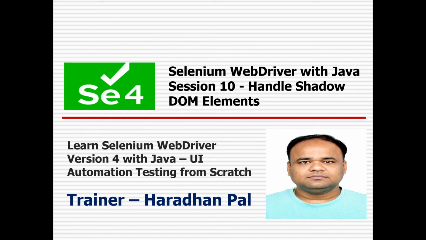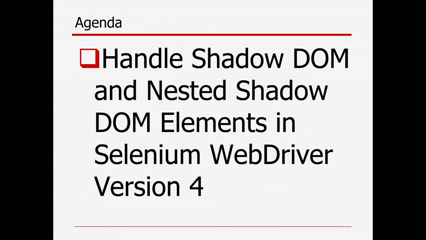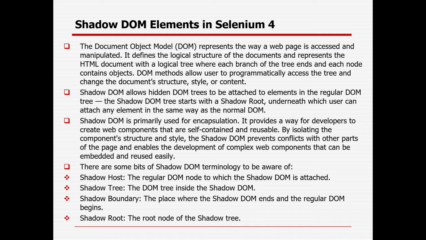In today's session, you will learn how to handle shadow DOM and nested shadow DOM elements in Selenium WebDriver version 4 with Java. The document object model, sometimes known as DOM, represents the way a web page is accessed and manipulated.